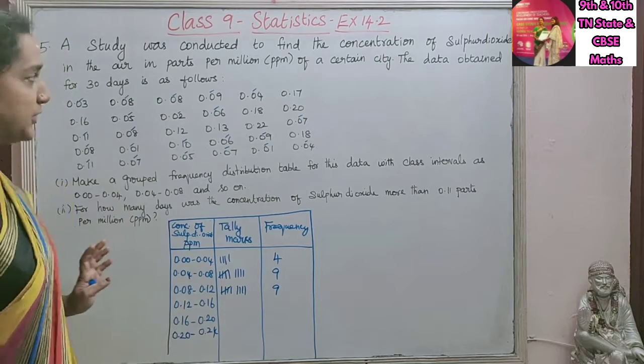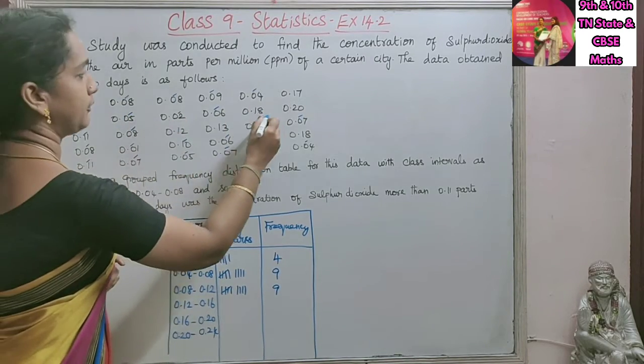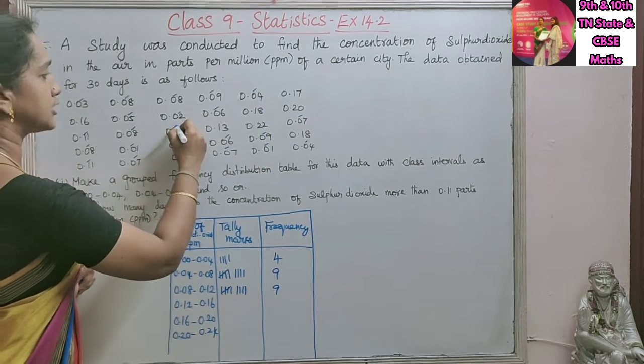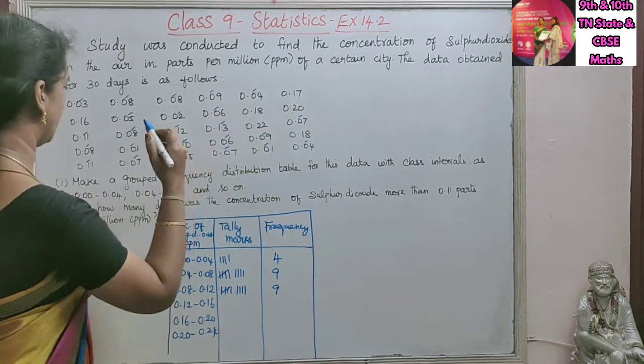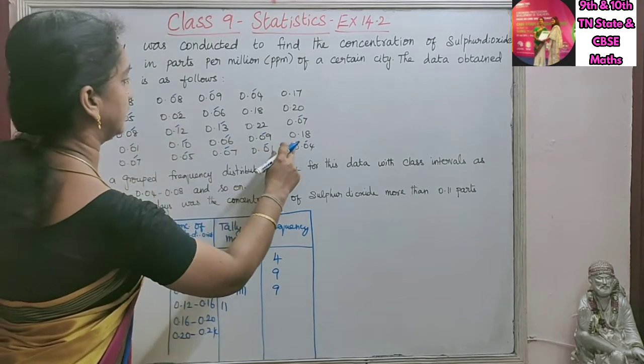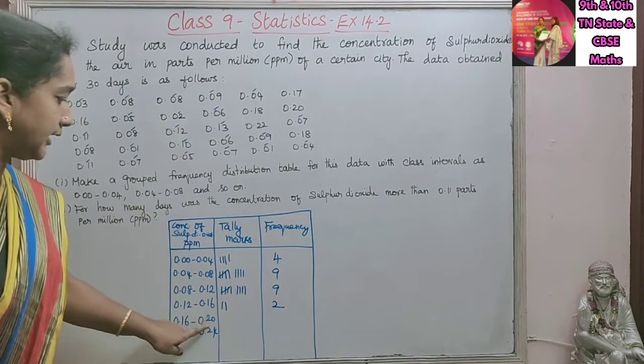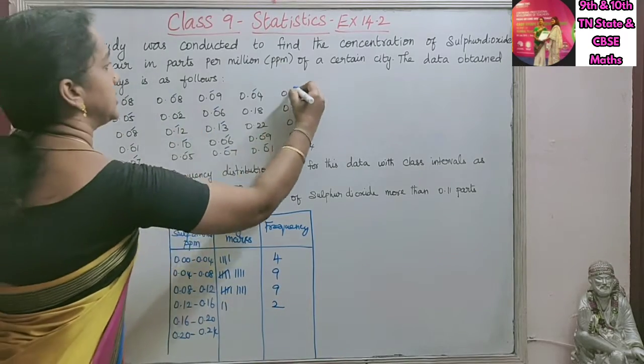Then 0.12 to 0.15. Here we got 0.12 and 0.13, so only 2 for this. Okay, then 0.16 to 0.19.